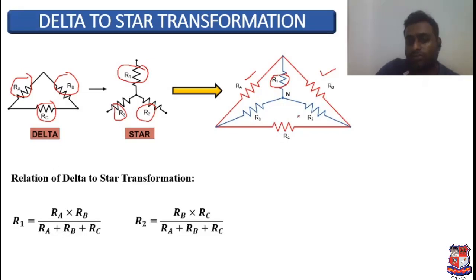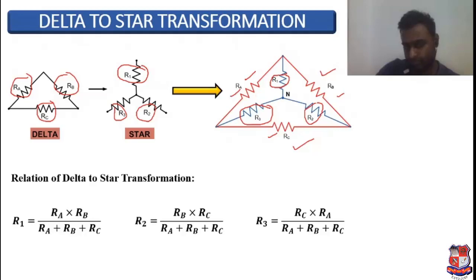Similarly R2 will be RB into RC divided by total resistance. Similarly R3 will be RC into RA divided by total resistance.